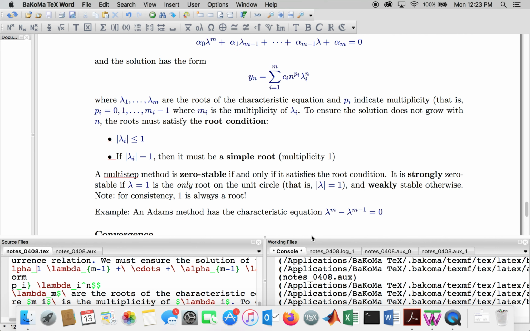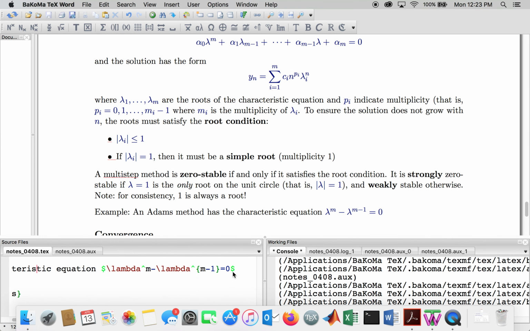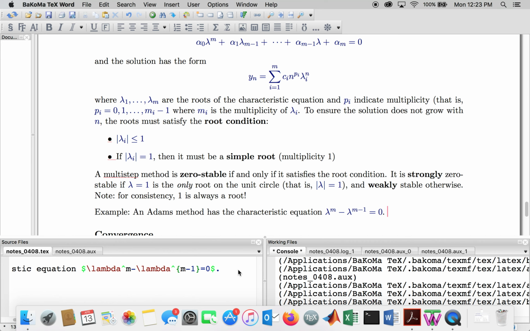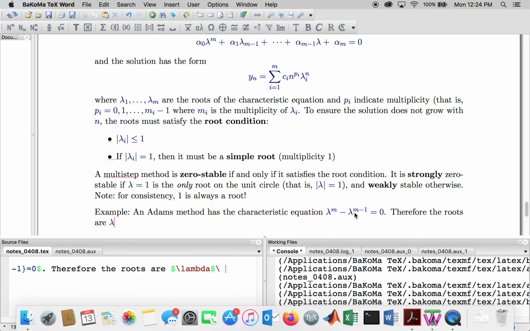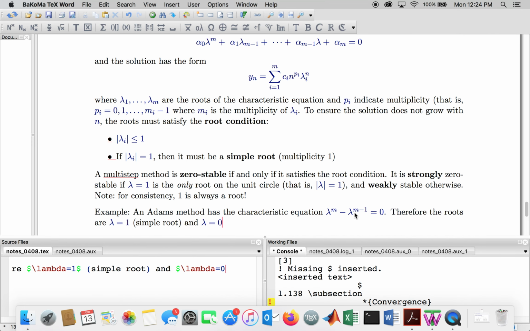So I can factor out a lambda to the m minus 1 out of this, and I get lambda to the m minus 1 times lambda minus 1. So the roots are lambda equals 1 and lambda equals 0, repeated m minus 1 times.